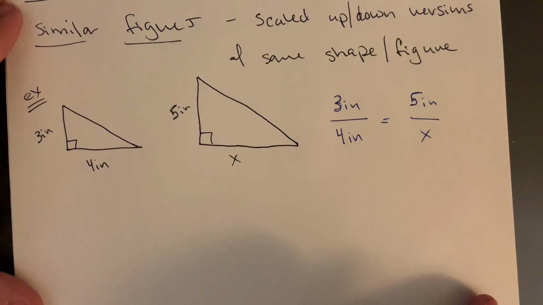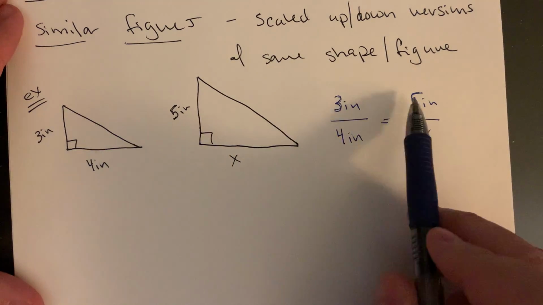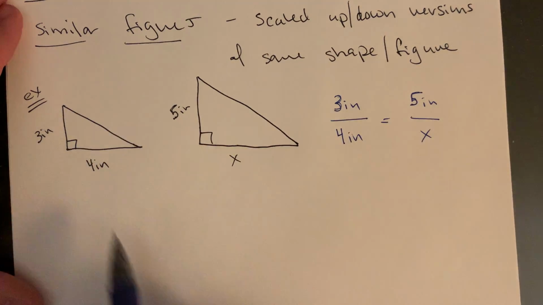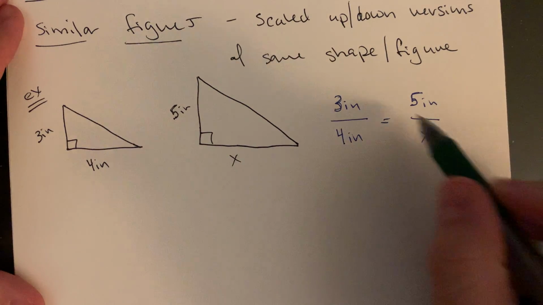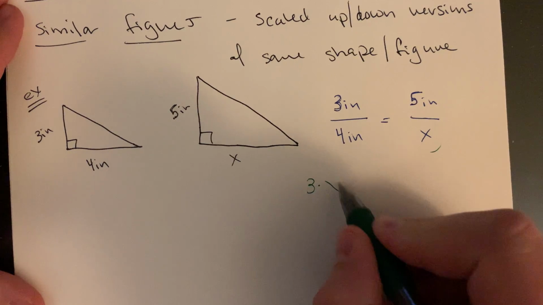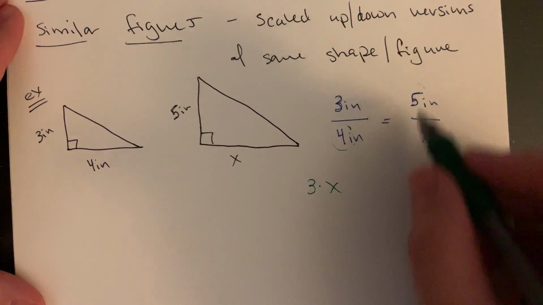So that's the setup. Just getting our proportion, and the whole idea is you want to sync top to top with the same sides, and then bottom to bottom with the same sides. To solve it, to find the x, we're just going to do our usual cross multiply. So this would be 3 times x equals 4 times 5.